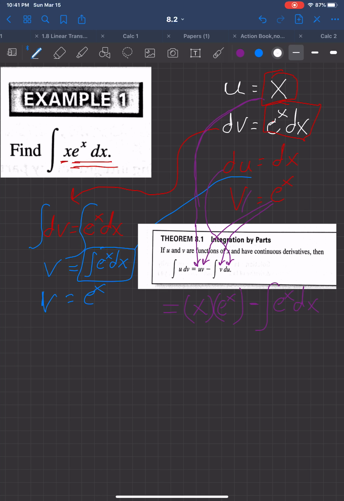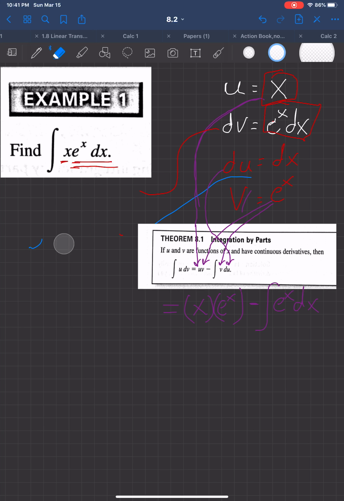So at this stage, don't forget the point of all of this work is because you want to find the integral of x times e to the x dx. That is what is on the left side of this equation.